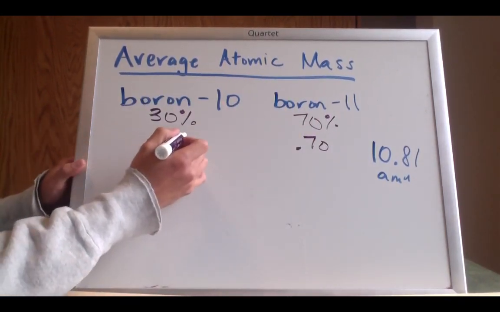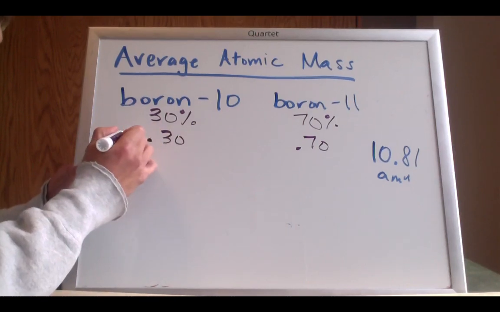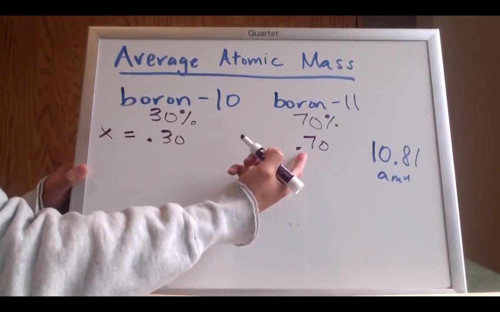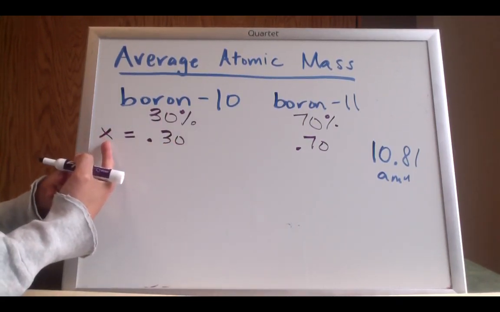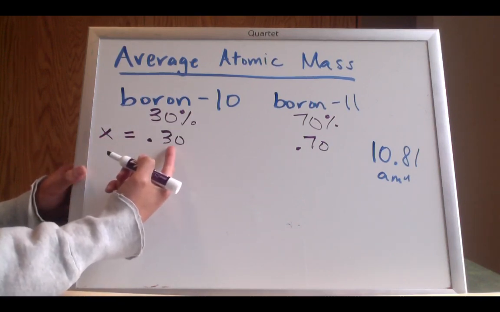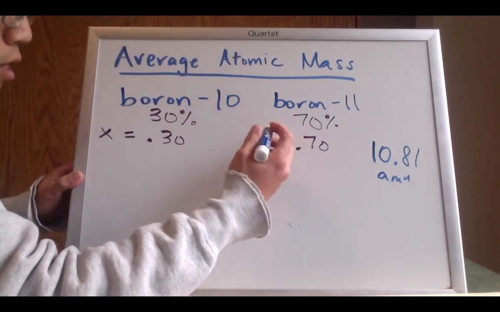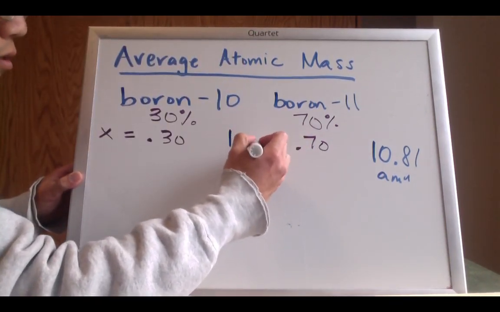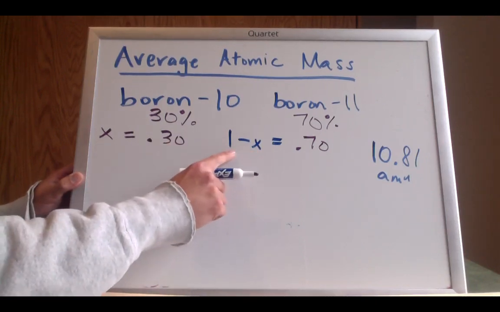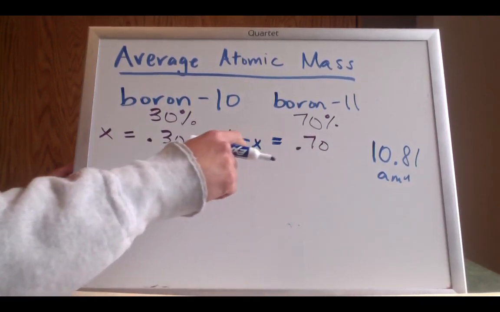Now, if I made this 0.30 equal to x, how would the 0.70 relate to the x? If we took 1 minus 0.30, or 1 minus x, that would equal 0.70.